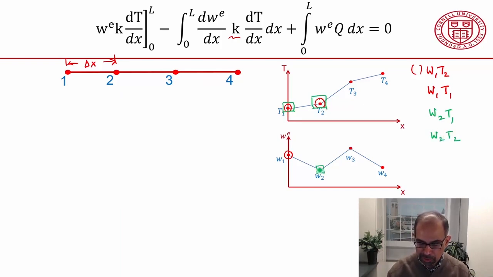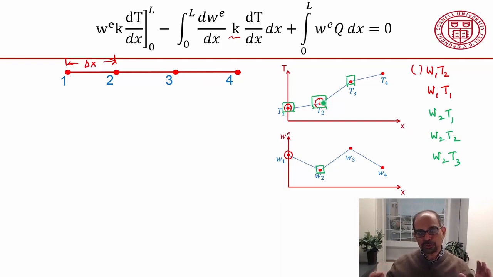Then when you do the integration over the second element, you will get W2 multiplying T2, so that you can clump in over here, and then W2 multiplying T3. But you won't get any terms where W2 is multiplying T4. So you see, the W's will multiply only the neighboring nodal temperatures.